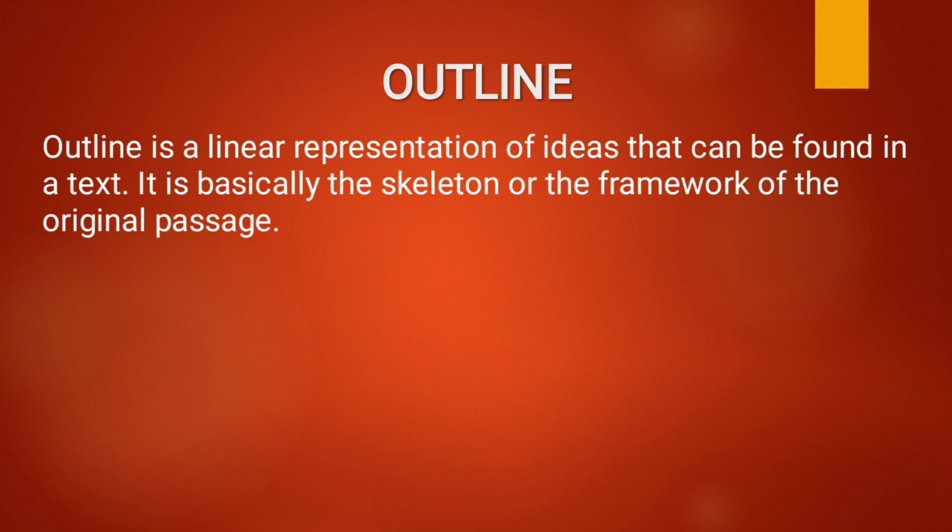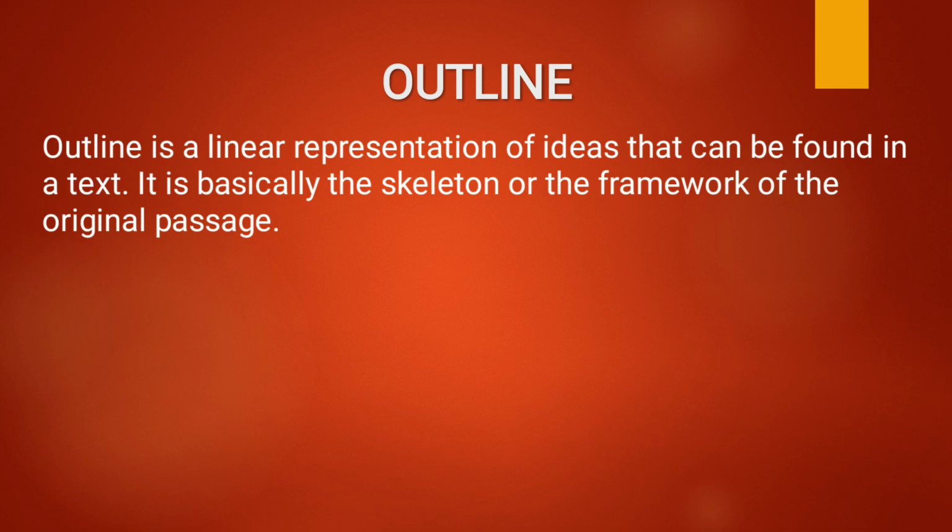Now, when you talk about a line, we have horizontal line, vertical line, and diagonal. When it comes to outline, we arrange them vertically from the top to the bottom, and we make good use of what is called indentation.